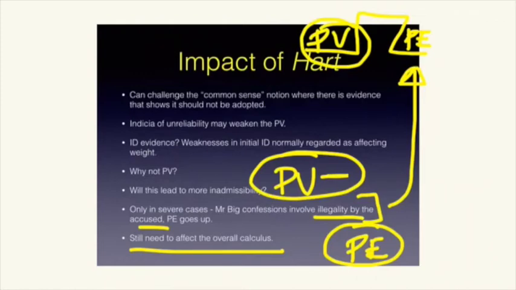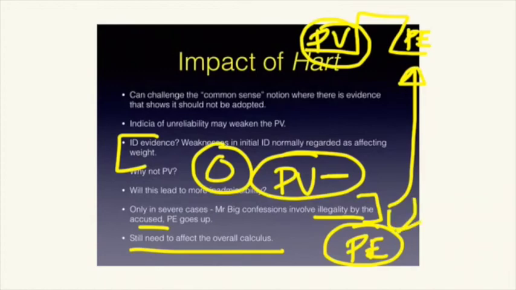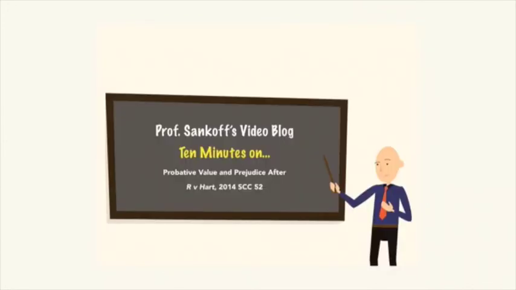So it's important to remember you've got to hit both ends of the equation in order for this to make any real difference. But I think it's still possible. Certainly, if you can weaken the ID evidence in some cases, maybe you can weaken it to 0, that the probative value is just nil because the evidence is too unreliable. And in other cases, perhaps you can show different types of prejudice.